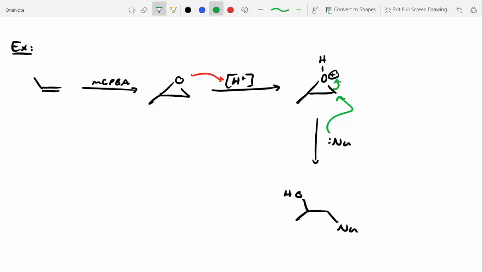And so let's make a side note of this. With secondary carbons, there isn't that much stabilization.